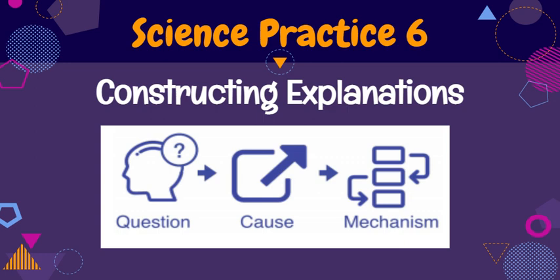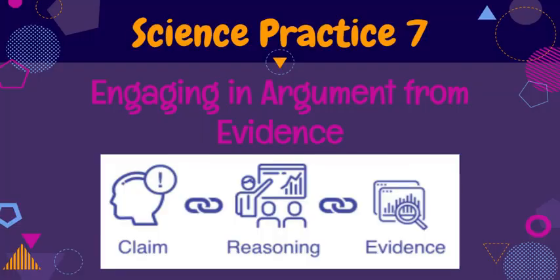So we're going to make some observations, we're going to make a claim about what we're observing, and based on the evidence of our observations, we're going to try to come up with an explanation for what we're observing in nature. And scientists do this all the time. They're trying to construct explanations for natural phenomenon in the environment.